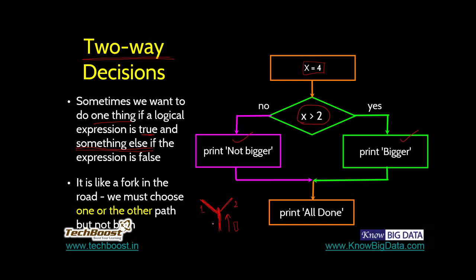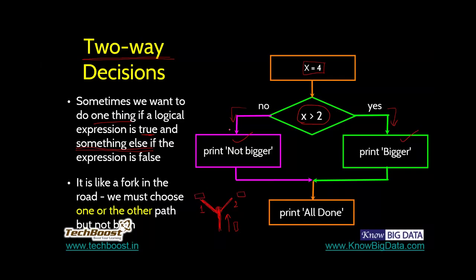You must choose at this point which way you want to go. This is called a two-way decision. Either you follow the way of yes or the way of no, and both will lead to some destination.